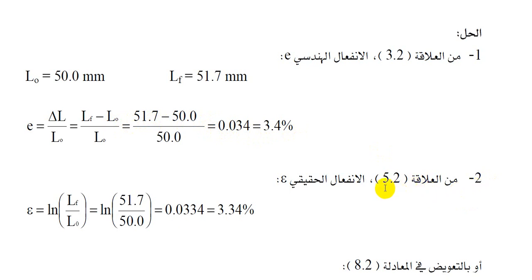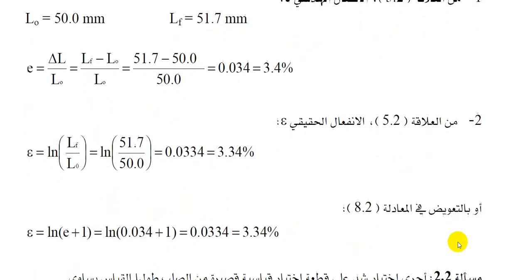2. From relationship 5.2, the true strain, or actual strain, denoted by epsilon, for metals in the tensile test: epsilon equals ln of LF over L naught, equals ln of 51.7 over 50, equals 0.033, equals 3.3%, as you can see right in front of you.